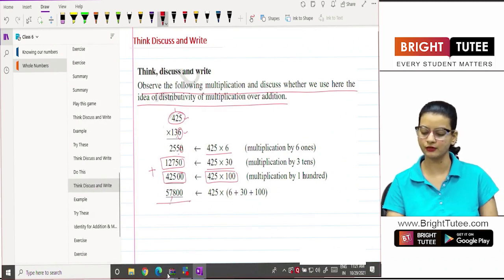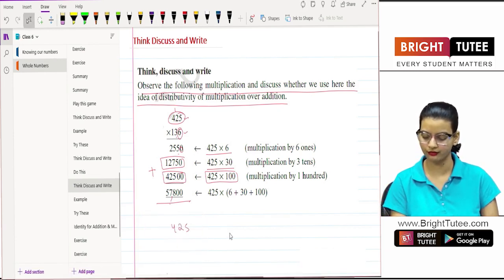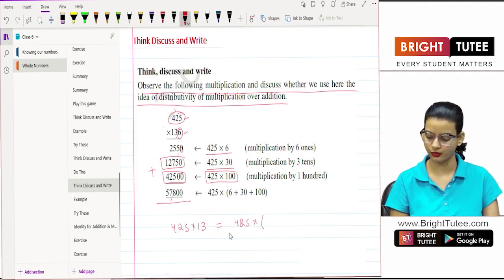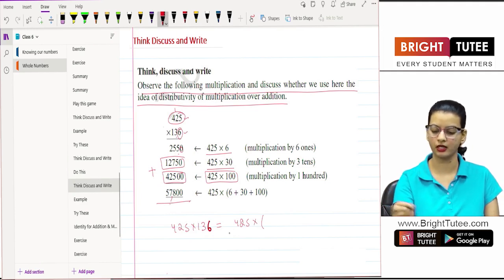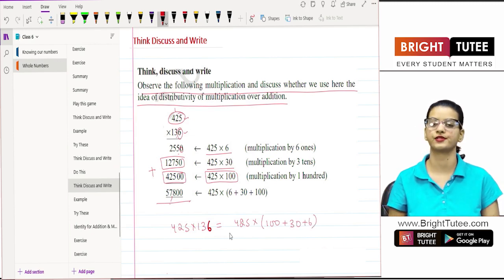So this means that what have we actually done over here? We have multiplied 425 into 136. This is 136, I will write this again. This is 425 into 136, okay. So this is actually 425 into 100 plus 30 plus 6. This is what we have done.